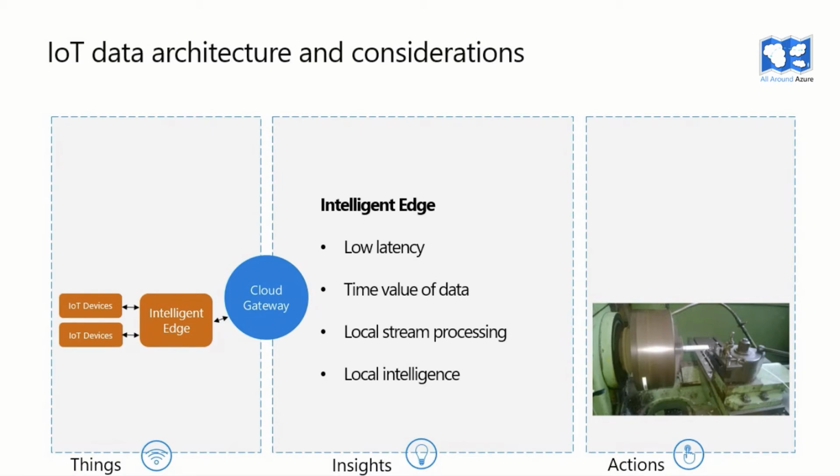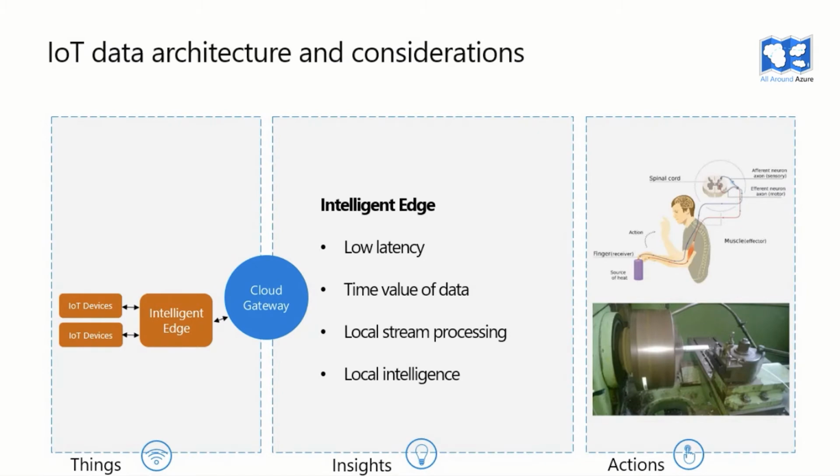Now, if one of the ball bearings were to fail in that and it starts vibrating, if we're sending messages constantly to the cloud and processing it through an ML or AI system, and then using that to decide whether or not we need to shut the lathe down, that whole loop could just be too long. So what we really need to be doing is offloading all of that logic down to an intelligent edge device that can make those sorts of decisions locally and fast, so that we can stop that lathe immediately and stop it from spinning itself to bits.